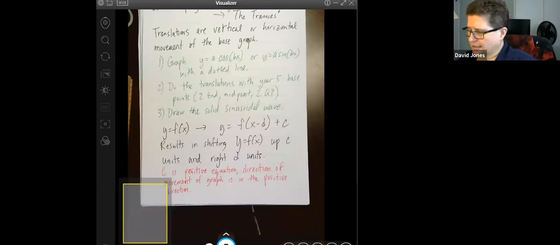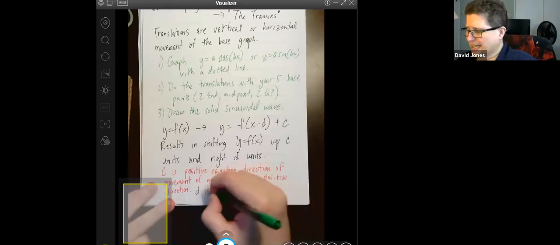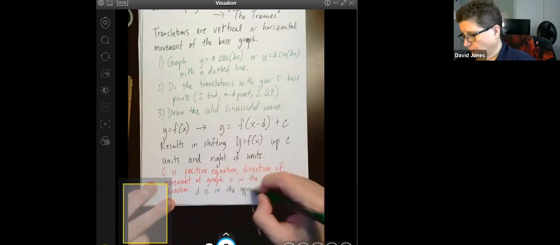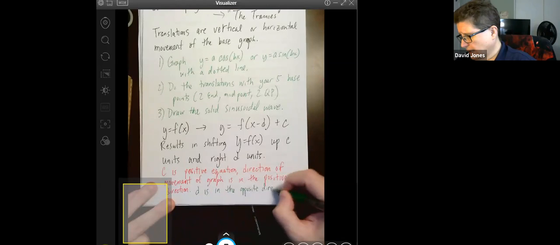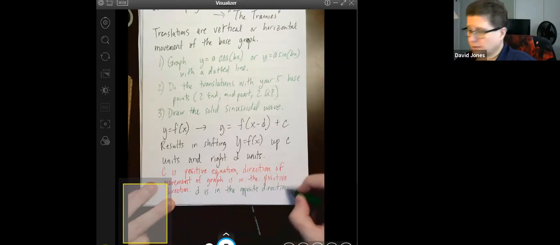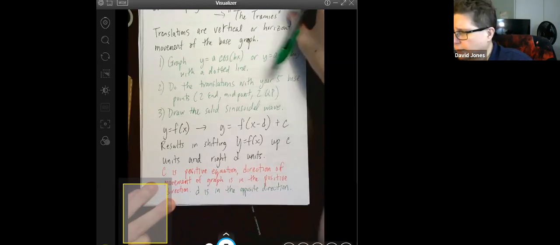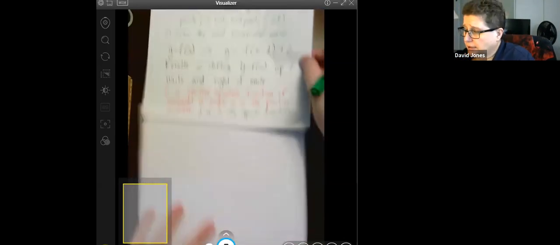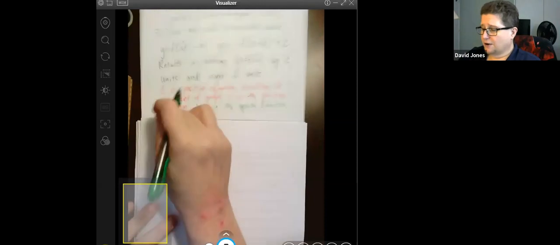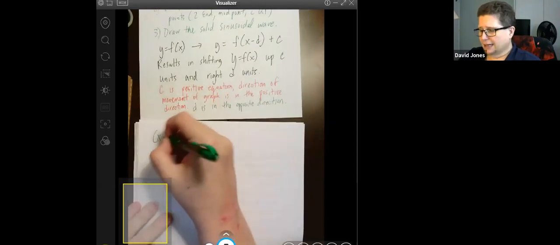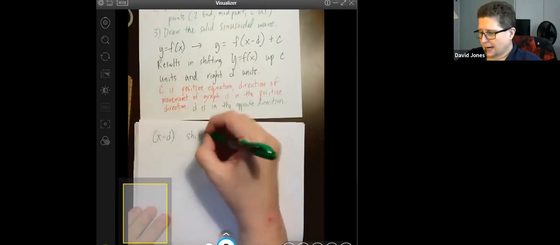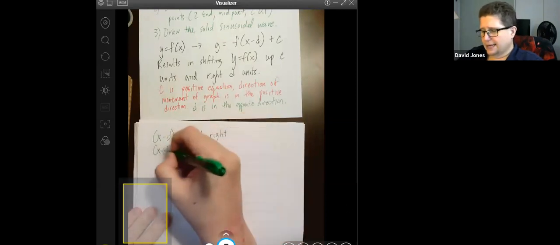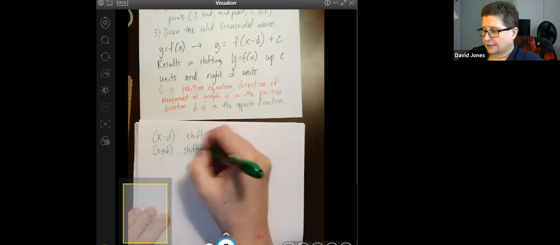And then d is in the opposite direction. What I mean by that is if we have x minus d, we shift right. If we have x plus d, we shift left.